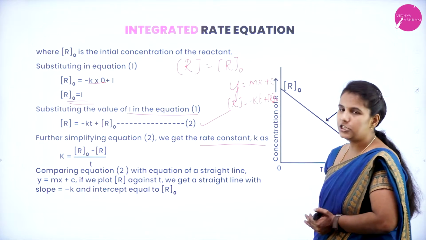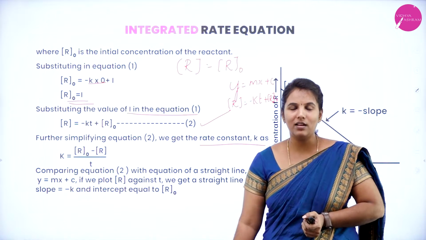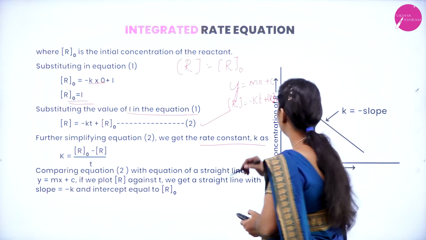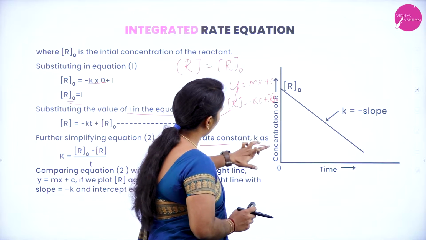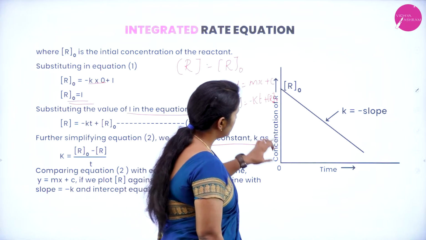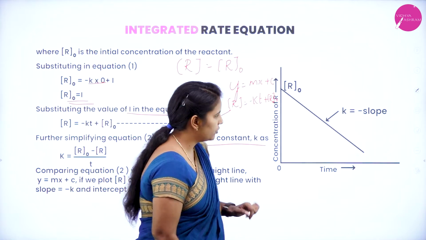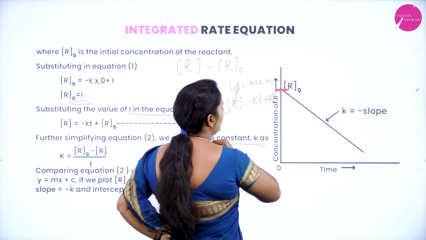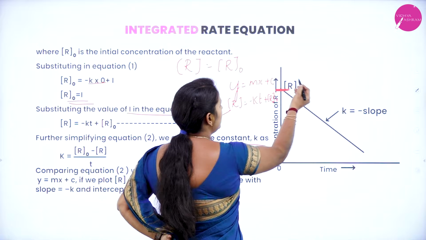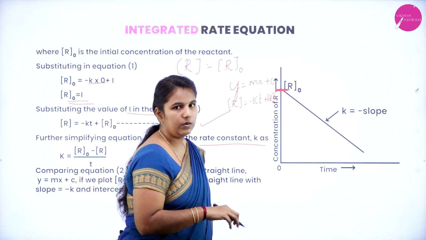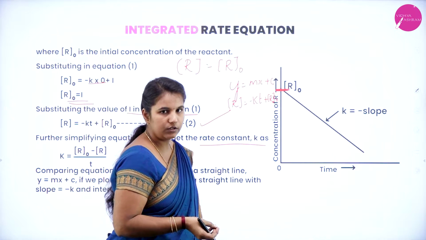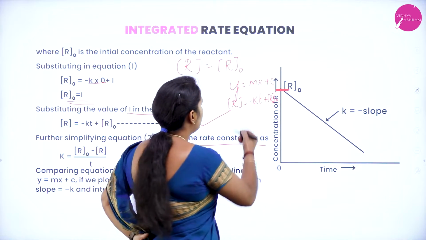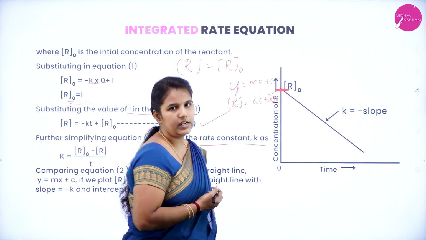So equation 2 looks like a straight line equation, and from this we can say that by plotting the concentration of R versus time, we are plotting the concentration of R versus time because it looks like a straight line equation.